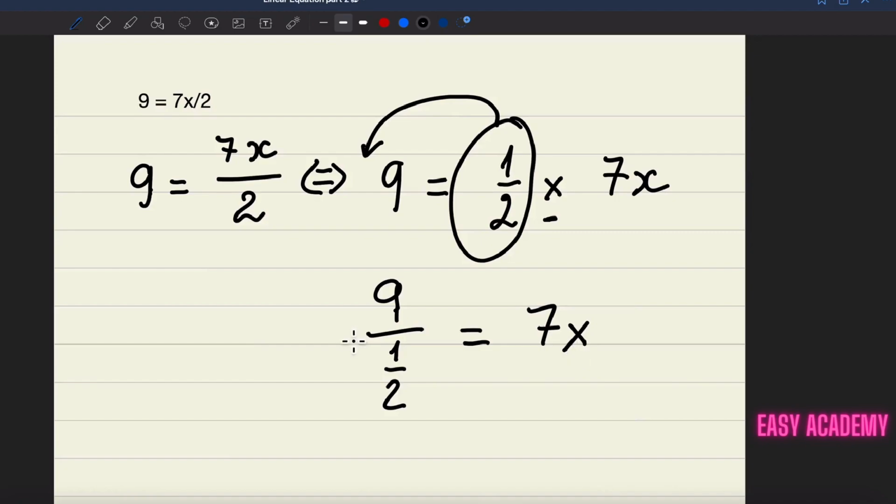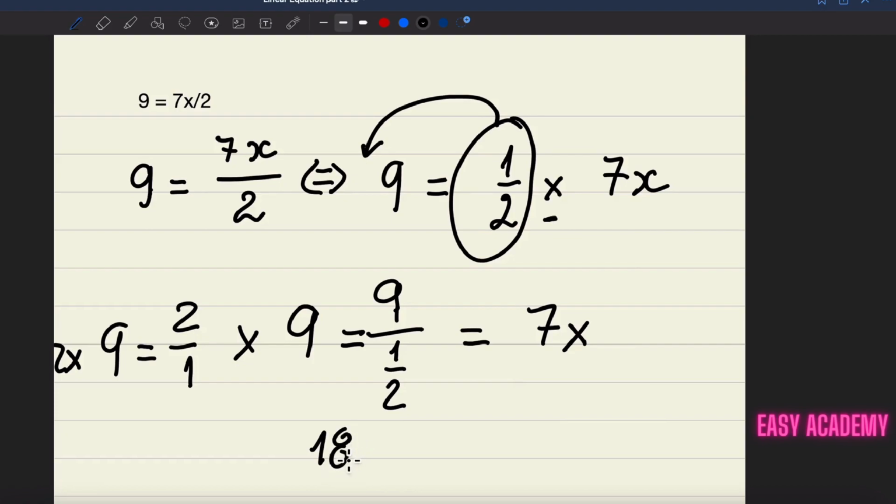Okay? 9 divided by a fraction is 9 times the reciprocal of 1 over 2, which is 9 times 2 over 1, which is 9 times 2. So 9 times 2 equals 18.